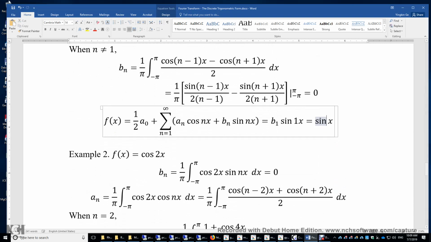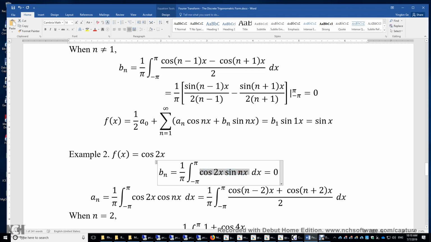Now example 2, f(x) equals cosine 2x. So really, for this example, we expect to see a2 is 1, and a sub n, if n is different from 2, is 0, and b sub n is always 0. So let's look at b sub n. b sub n is 1 over pi times the integral of cosine 2x times sine nx. Again, this is an even function, this is an odd function, so the product is an odd function.